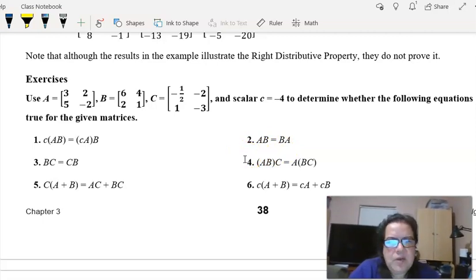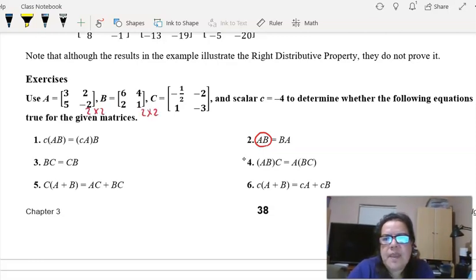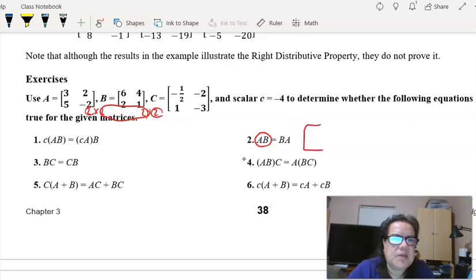So according to number 2, they're saying multiply A times B first. All right, so let's see if it's possible. I come up here. I know this is a 2 by 2. I know this one's a 2 by 2. And so the inner numbers match. And so my answer is going to be a 2 by 2 matrix. So let me go ahead and write that out. I'm expecting 1, 2, 3, 4 different results.